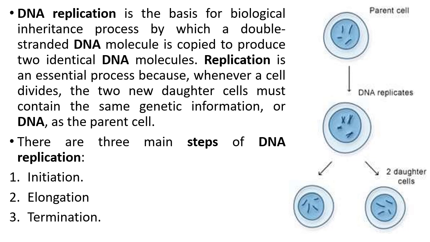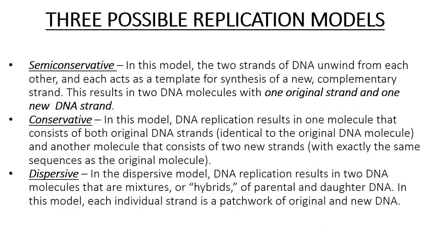There are three main steps of DNA replication. First one is initiation, second one is elongation, and third is termination of the process. There are three possible replication models. First one is semi-conservative, second one is conservative, and third one is dispersive.